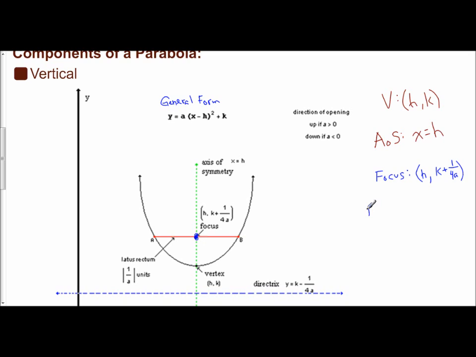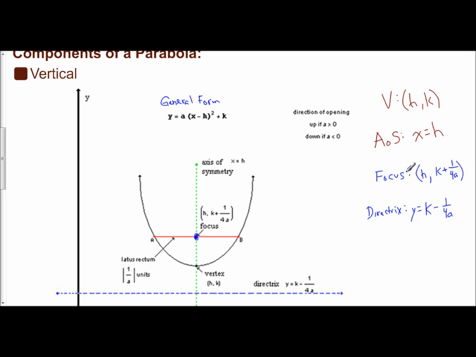Now the directrix you see is a dashed line on the graph and it's a horizontal line. So when you have a vertical parabola, the directrix is the opposite, it's horizontal. Now since it's a line, it's represented by an equation. And since it's horizontal, it's y equals your k value minus 1 over 4a.